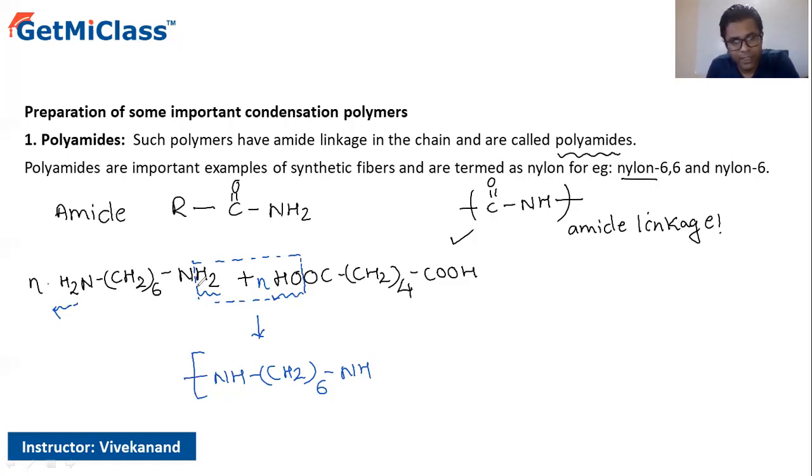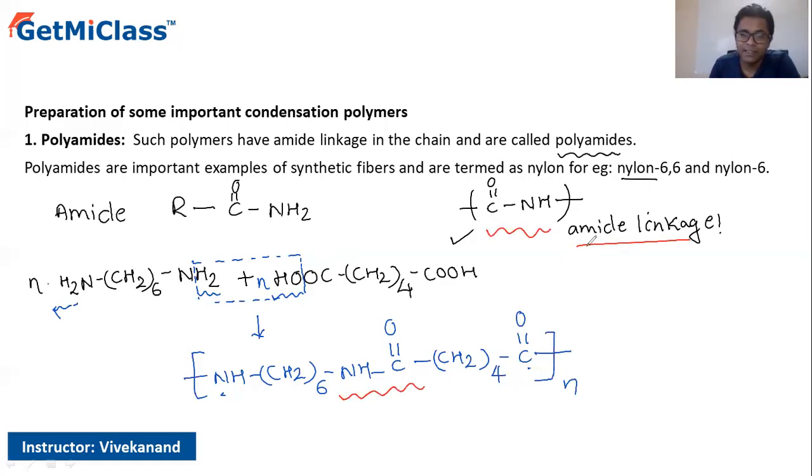Now one hydrogen has been eliminated from here, and this nitrogen gets connected to the carbon having a double bond O. This further gets connected to CH2 4 times C double bond O, and this sequence gets continued. That means this carbon connects to the next molecule at this particular nitrogen position, right? So now if you observe this entire sequence, here is our amide linkage. If you observe this, and if you observe this, this is nothing more than an amide linkage.